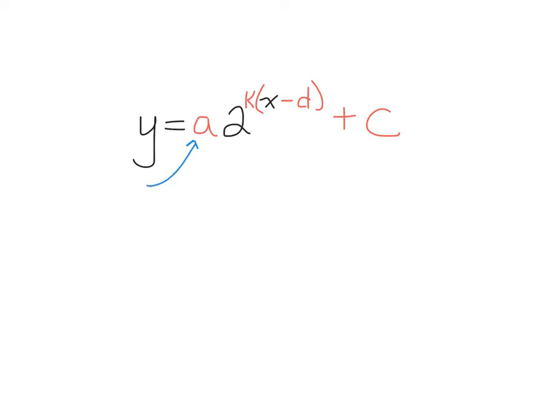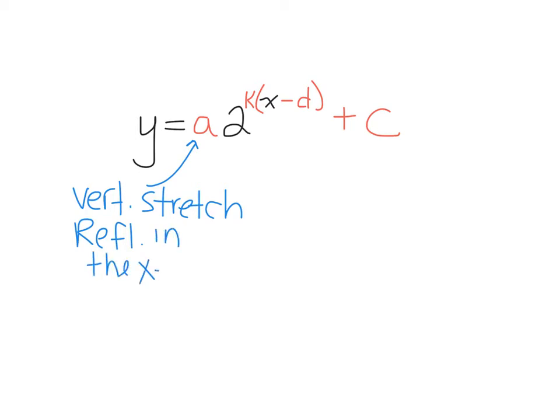So a is our vertical stretch, and it's also our reflection in the x-axis if it's a negative value. And it's a vertical stretch if the value of a is bigger than 1.